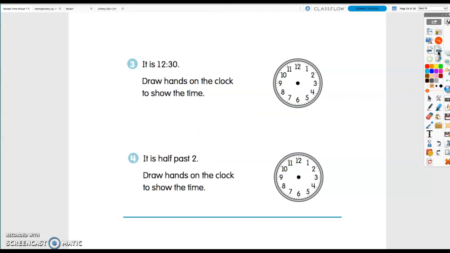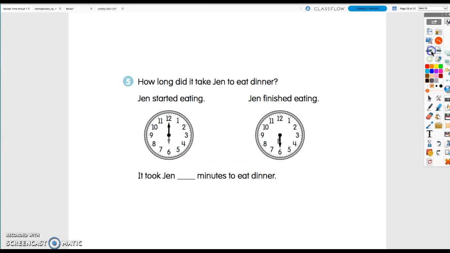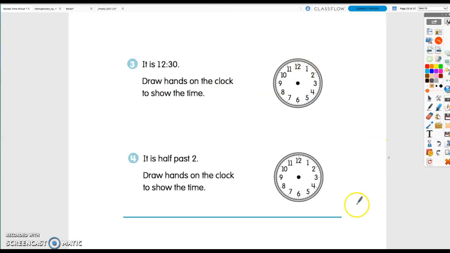So since we are running out of time, this is going to be your exit ticket today. So number 3, it says it is 12:30, and it's asking you to draw hands on the clock to show the time. So again, this is your exit ticket for today.